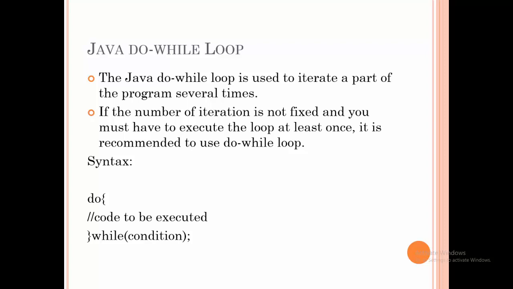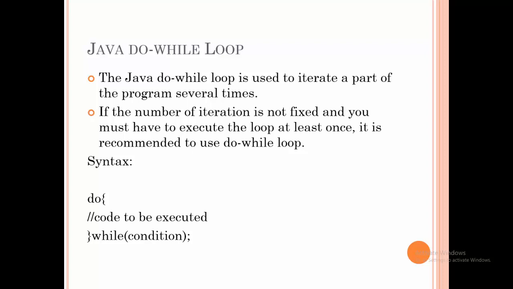Do while loop is also similar to while loop. The only difference is that it checks the condition after executing the statement. So we know while loop is an entry control loop. Do while is an exit control loop. It checks the condition after executing the statement.